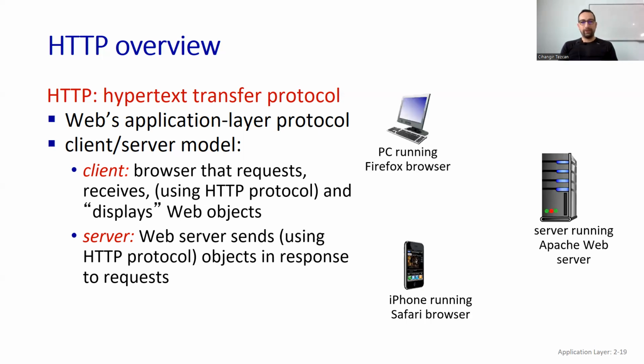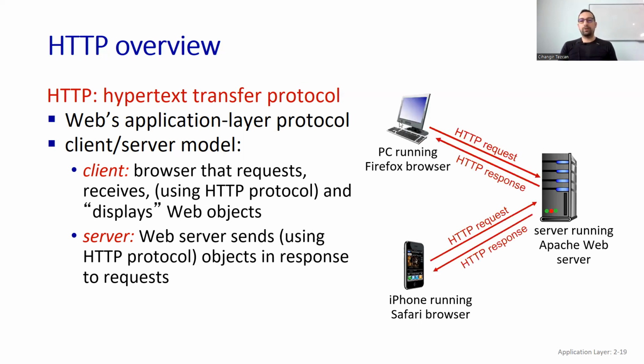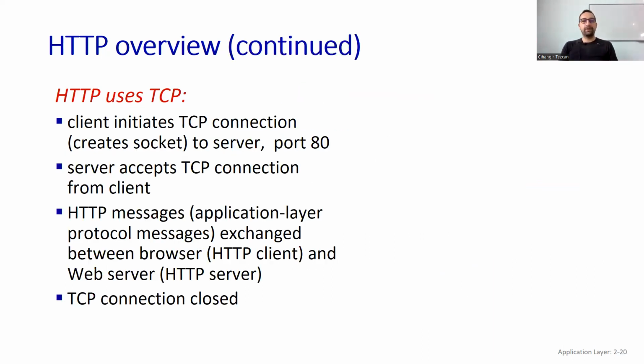In the picture, it is also an Apache web server. You can request it from your PC, but you can also request it from your mobile phone, right? Here you have the Safari browser, you have the Firefox browser, but it still works because we design the application so that it will work on different operating systems and different applications.